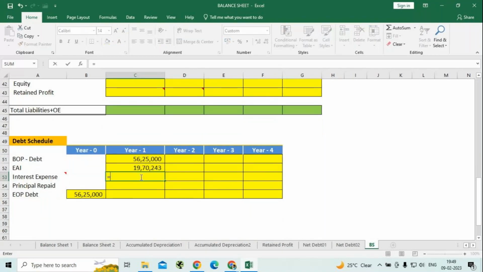The interest expense will be the current year's debt value into 15%, and the principal repaid will be the EMI minus the interest amount. Finally, the closing debt will be the current year's opening balance minus the principal repaid.